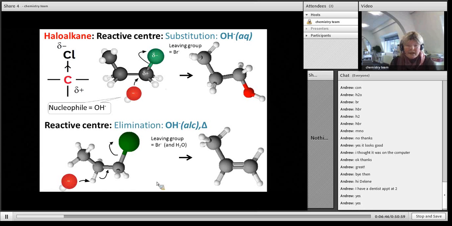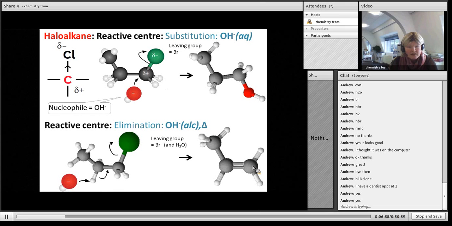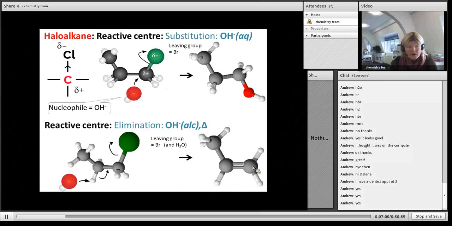Good. Now, does Zaitsev apply in this specific reaction I'm showing here? Because remember, whenever you do elimination, you've got to think of Zaitsev. Now, will it apply here? In this specific case, it won't, simply because my base can only take one of these two hydrogens.